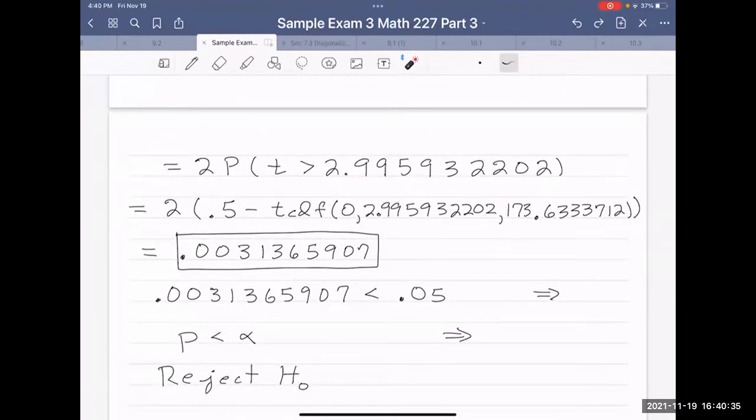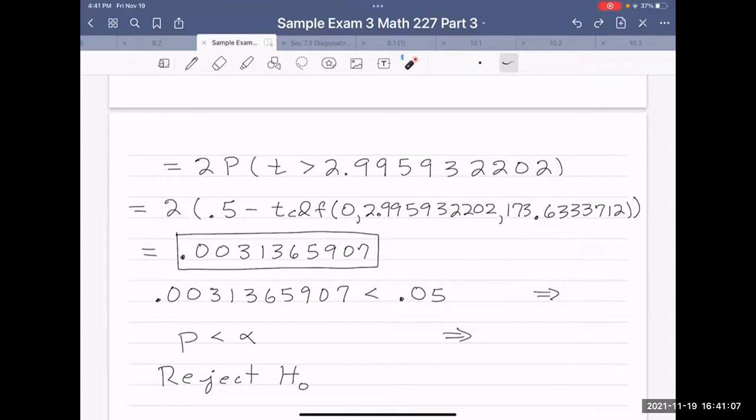Well, it didn't say that we couldn't use a TI-84, so let me just use a TI-83. Again, you could use the approximation formula for T, and then approximate it by Z, and then you could look at your normal table using linear interpolation. But we've already done that, so I don't need to do it again.